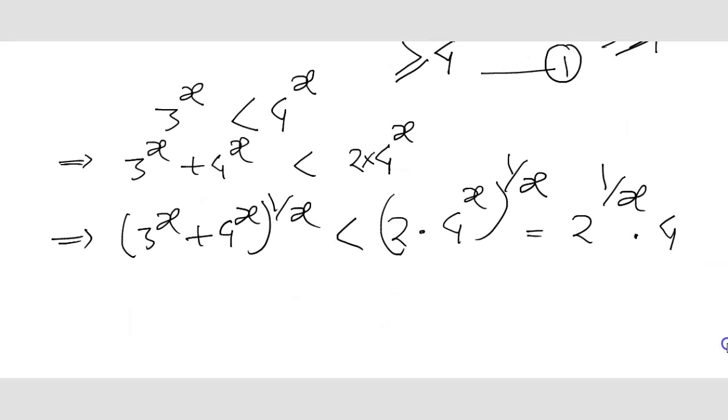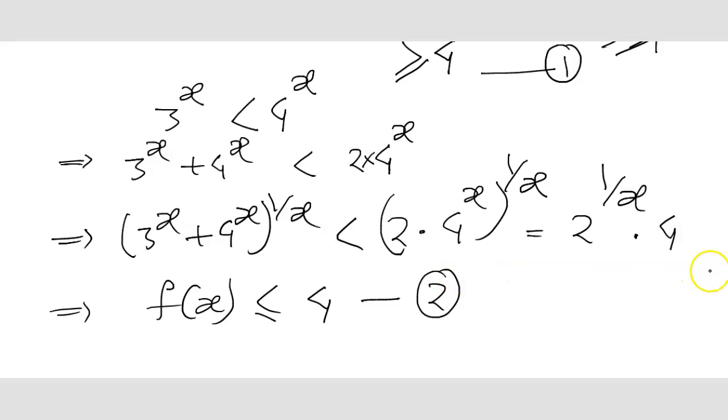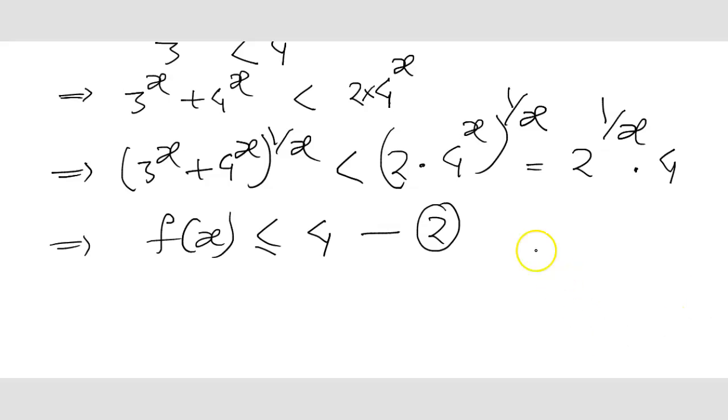So we can write that f(x) will always be less than or equal to 2 to the power 1 by x into 4. You may ask what the role of this 2 to the power 1 by x is. Okay, just keep it here.